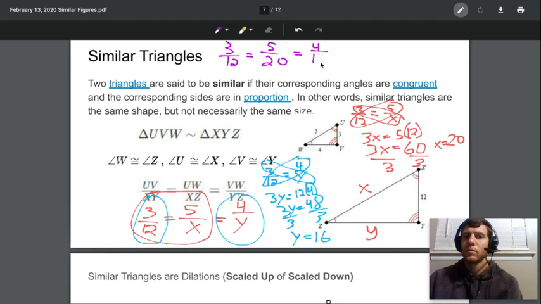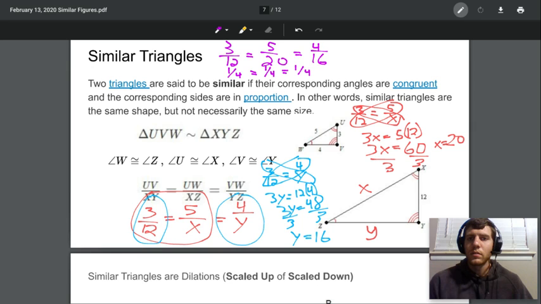If we reduce 3 divided by 12, we get 1/4. If we reduce 5 over 20, we get 1/4. And if we reduce 4 over 16, we get 1/4. So we see here that the ratios of the corresponding sides are all equal. That's why they're proportional.